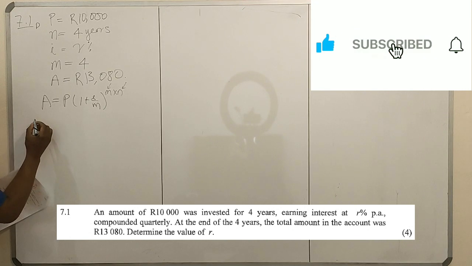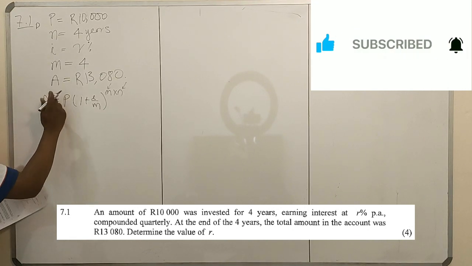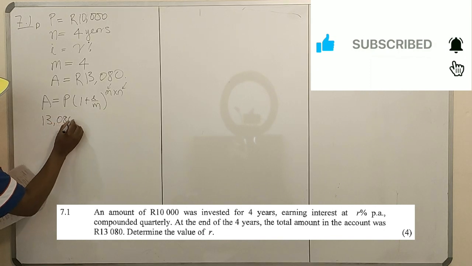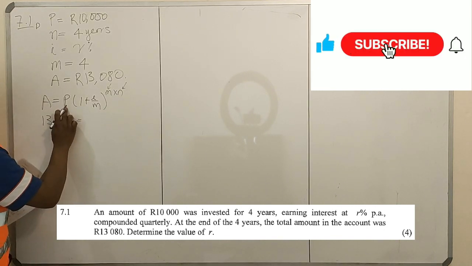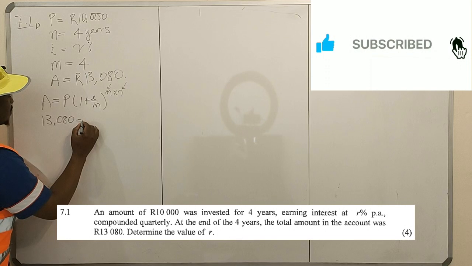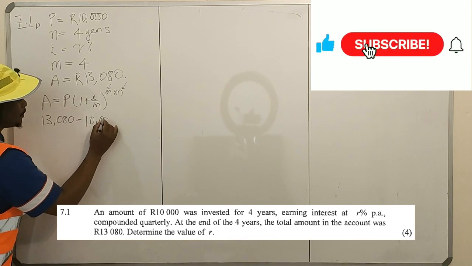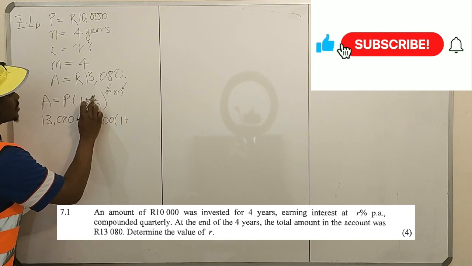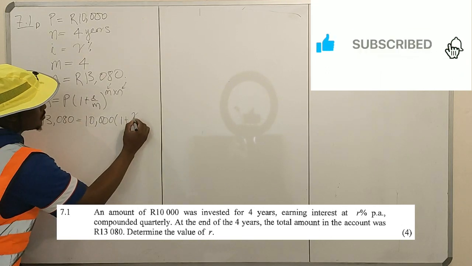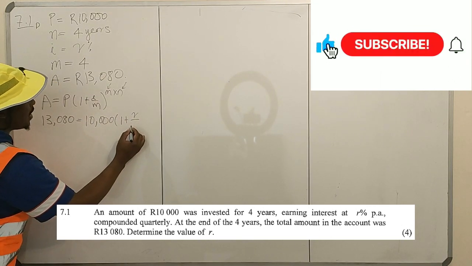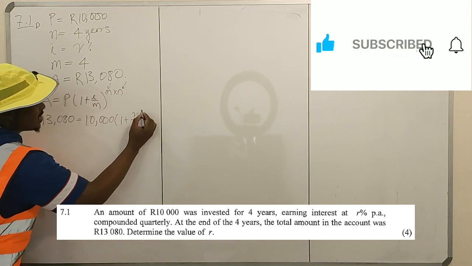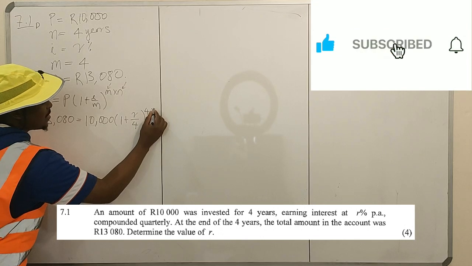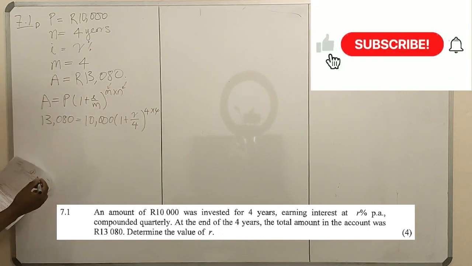So you have that A, the accumulated amount, is 13,080 rands, which is equal to the principal amount, the original amount invested, 10,000, times (1 + i), where i is your interest rate R, over 4, which is your compoundings, raised to mn. What is mn? It's your compoundings, 4, times n, which is 4.